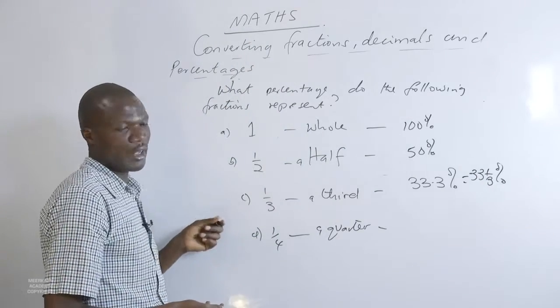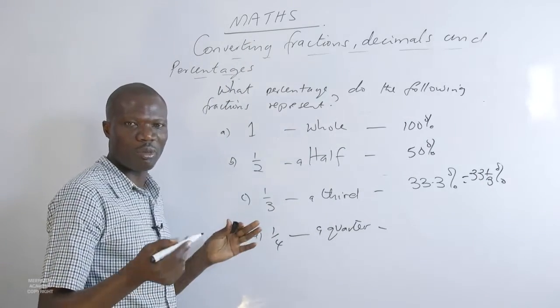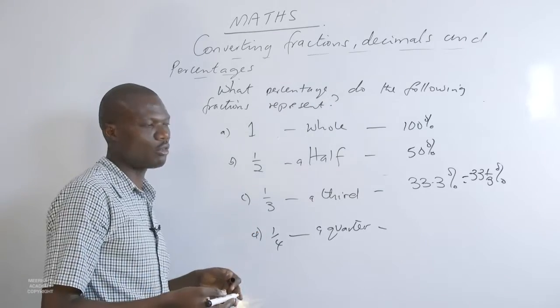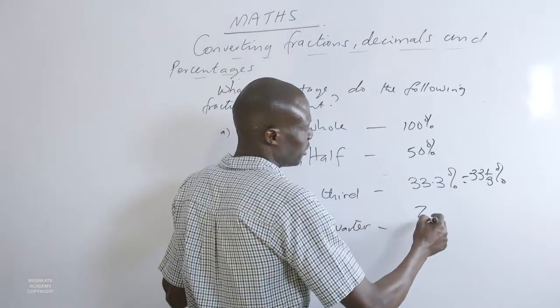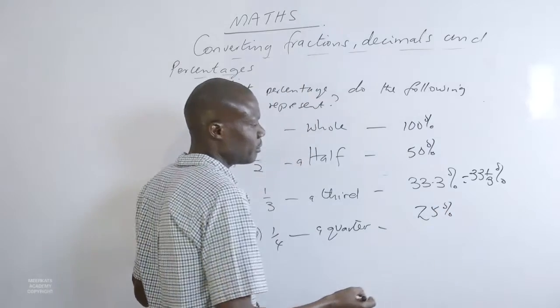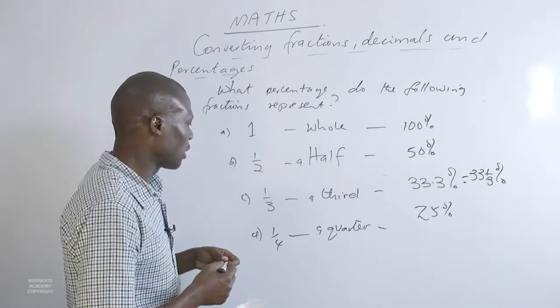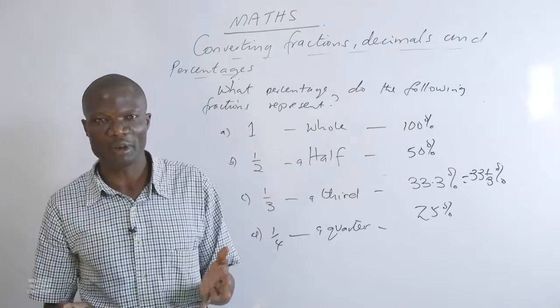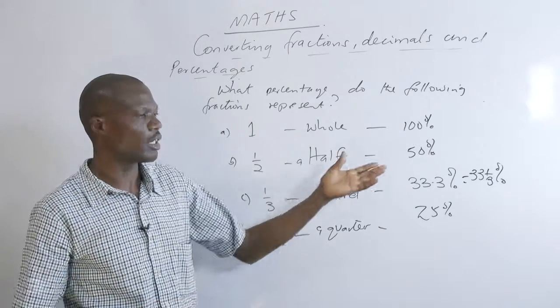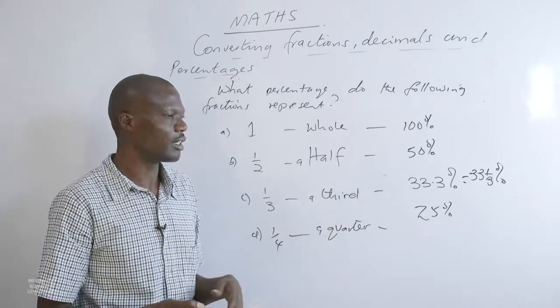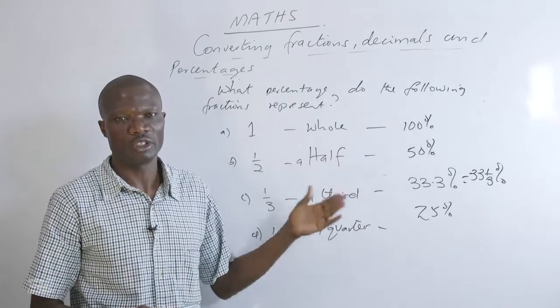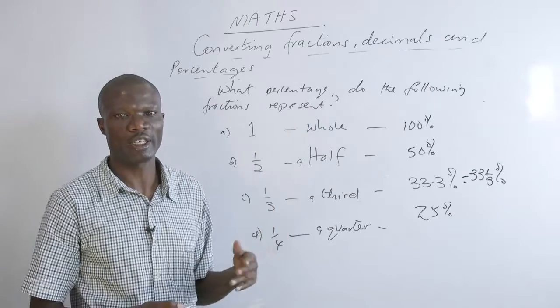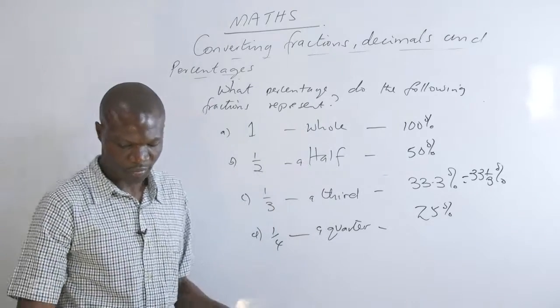A quarter is equivalent to a quarter multiplied by 100, which is 100/4, which is 25%. So you see, from the most common fractions we normally come across and we know them, we can state their percentage as it is on the board. So we should be able to change and get any percentage.